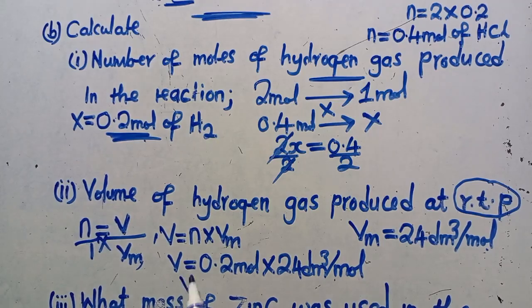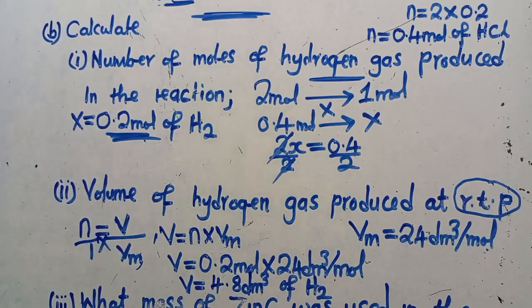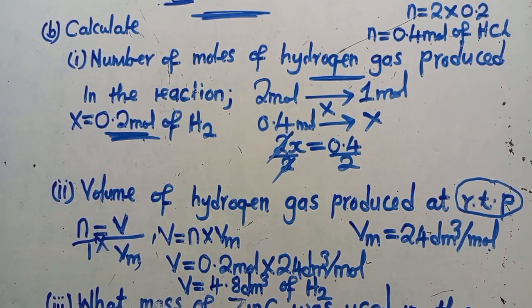I multiply 0.2 times 24. The answer is 4.8 dm³ of hydrogen gas. I'm done. This is the answer, and this is how you are supposed to answer.